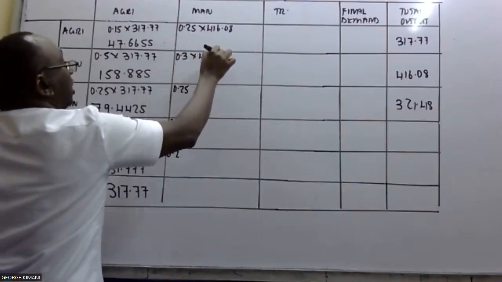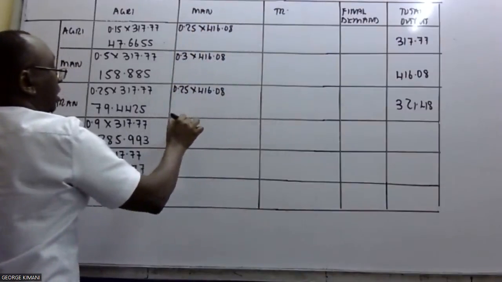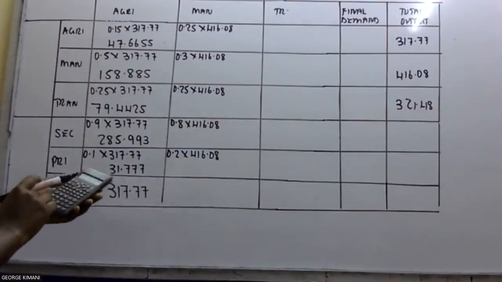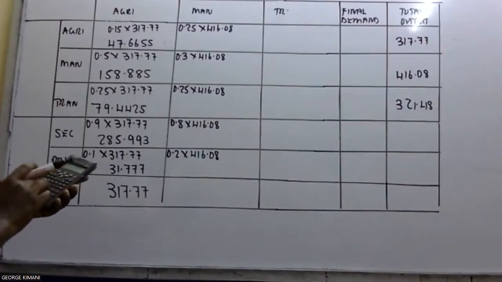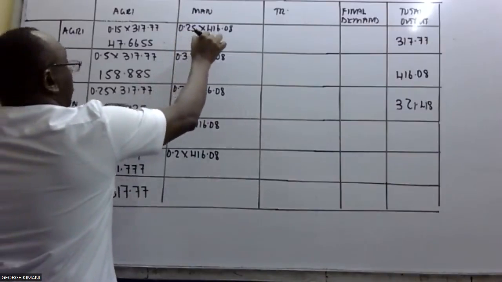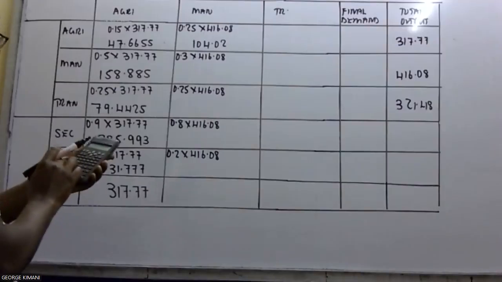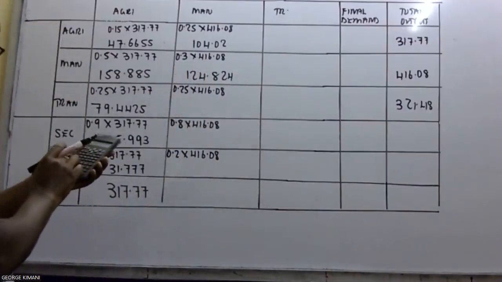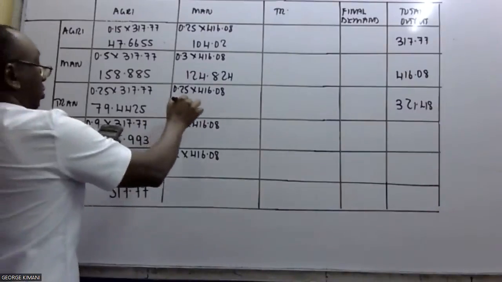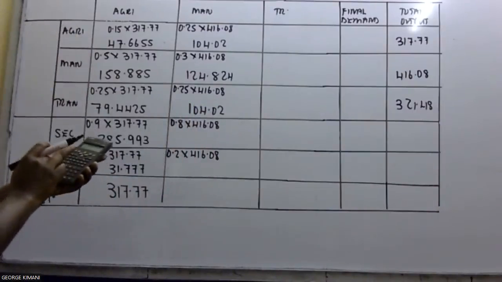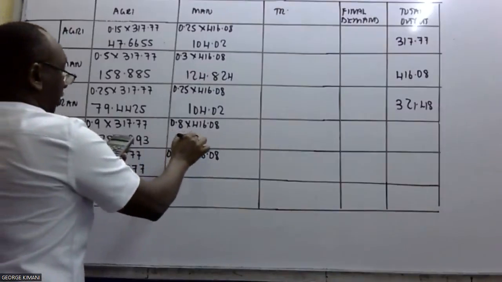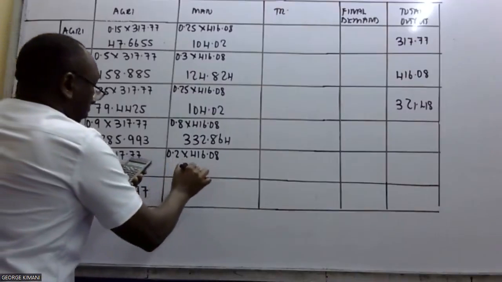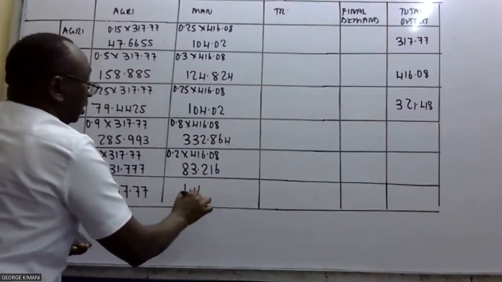So let's start. 0.25 times 416.08 is 104.02. 0.3 times 416.08 is 124.824. 0.25 times 416.08 is 104.02. 0.8 times 416.08 is 332.864. 0.2 times 416.08 is 83.216. Then that total should return back to 416.08.